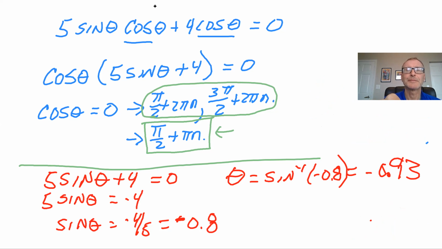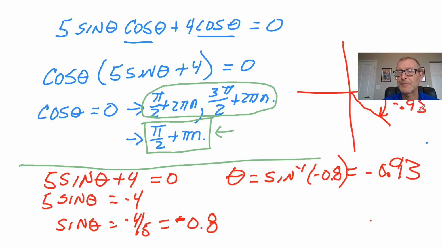And so when we take a look at this, it would look like this. So the first one is we're moving minus 0.93 radians clockwise, right? And so that is the point in quadrant 4 that gives us a negative sine.